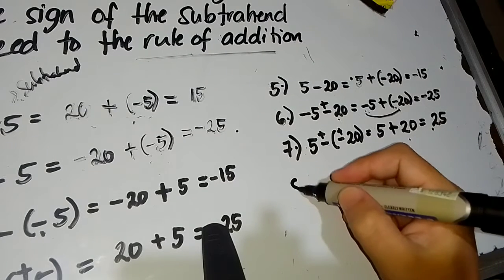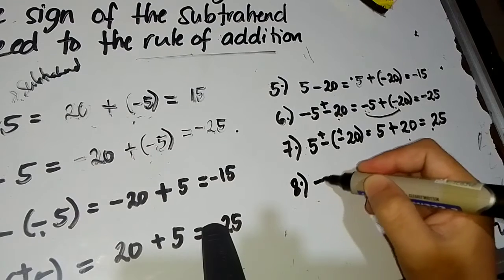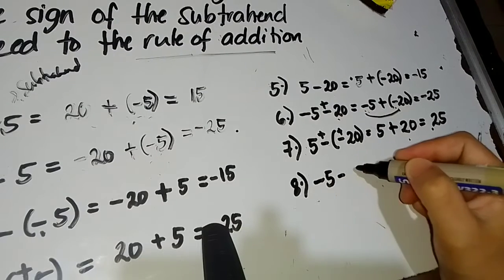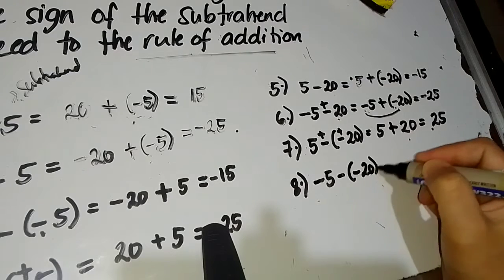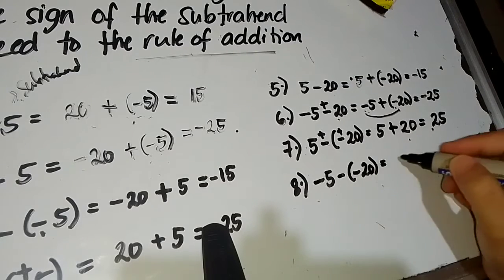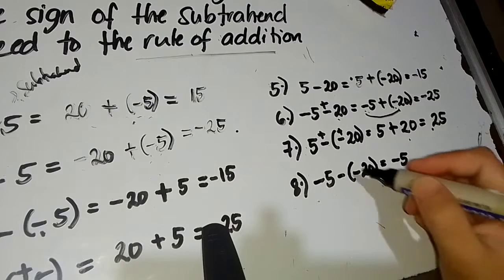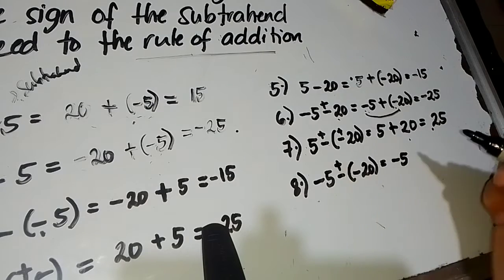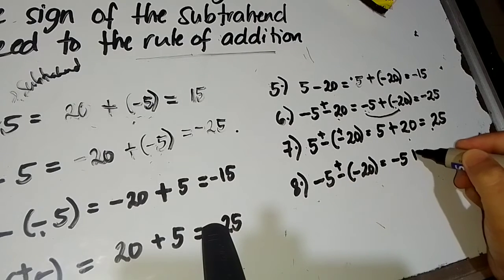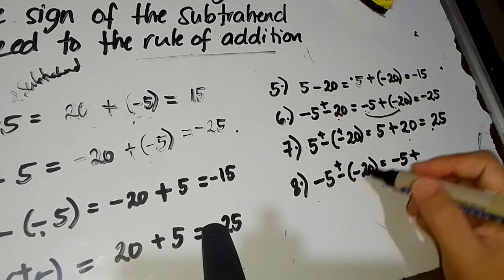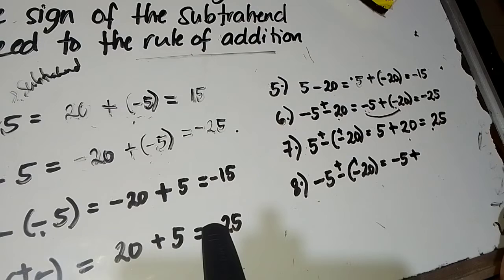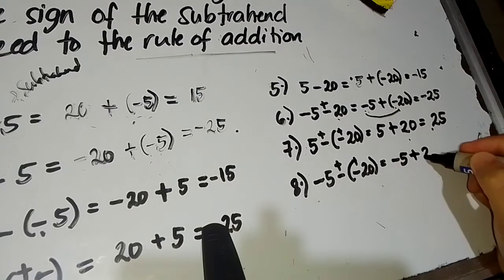So another one is negative 5 minus negative 20. Copy negative 5. Instead of subtraction, we are going to proceed to addition. And then your negative 20 will become positive 20.